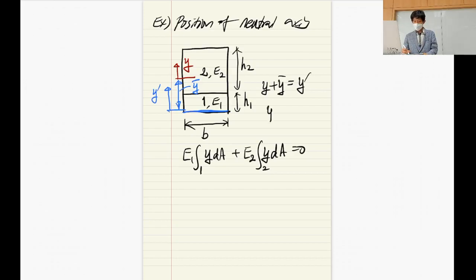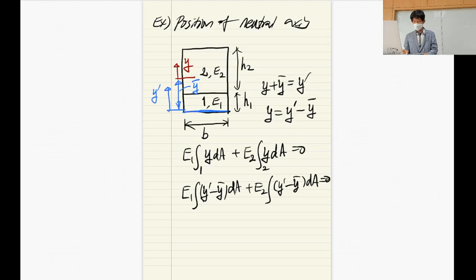So the Y, the coordinate measured from the neutral axis, is equal to the reference coordinate that we fix to the bottom surface minus the distance to the neutral axis. So now let's plug in here. If you do that, E1 times (Y prime minus Y bar) dA plus E2 times (Y prime minus Y bar) dA is equal to 0.